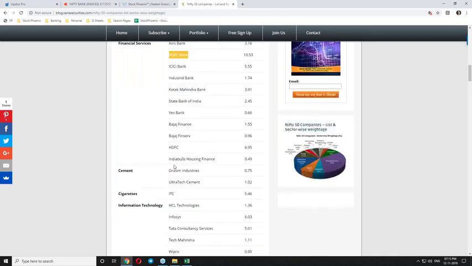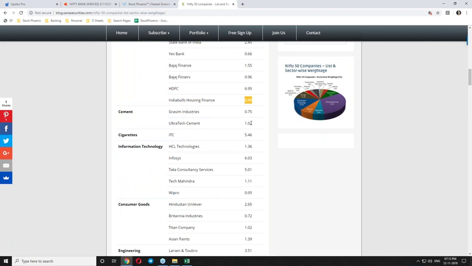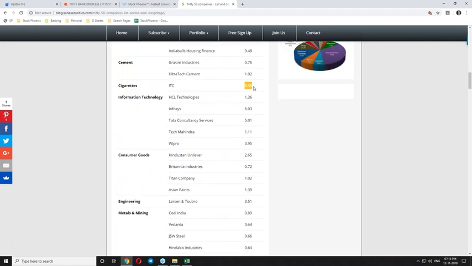Next, Indiabulls Housing Finance Limited. You can see here again the stock substantially crashed, but there is no big impact in Nifty on that particular day or that particular series. Next, cement industry 0.75, 1.2 Ultratech, cigarettes 5.46, and IT sector again.